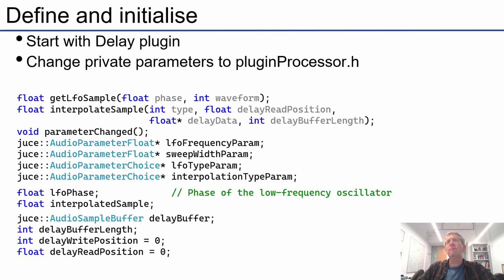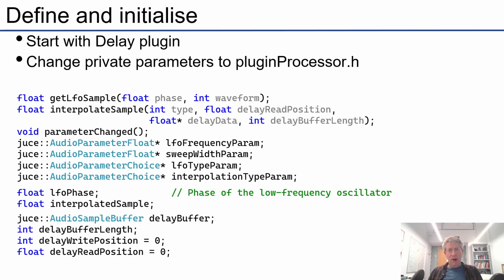Same sort of steps as we usually take for any of the plugins here to create a new one. We first change the private parameters. So we have some floating point style parameters for values like sweep width. Then we also have some choice parameters. We can select from a short number of options the type of LFO, and a small number of options the type of interpolation.